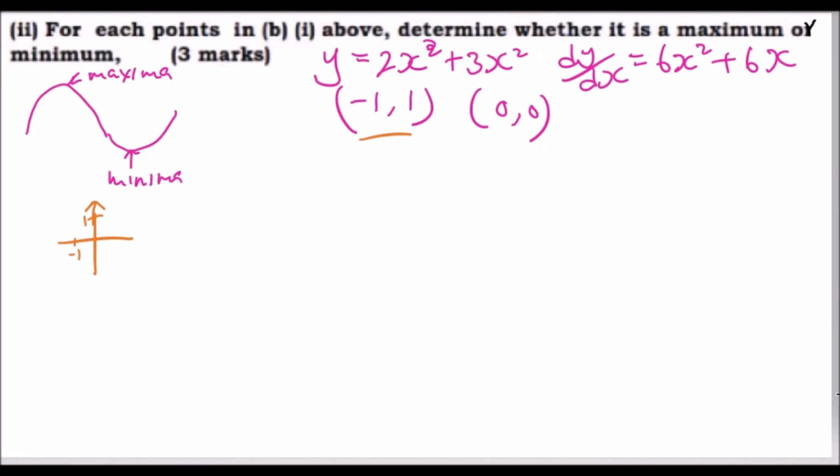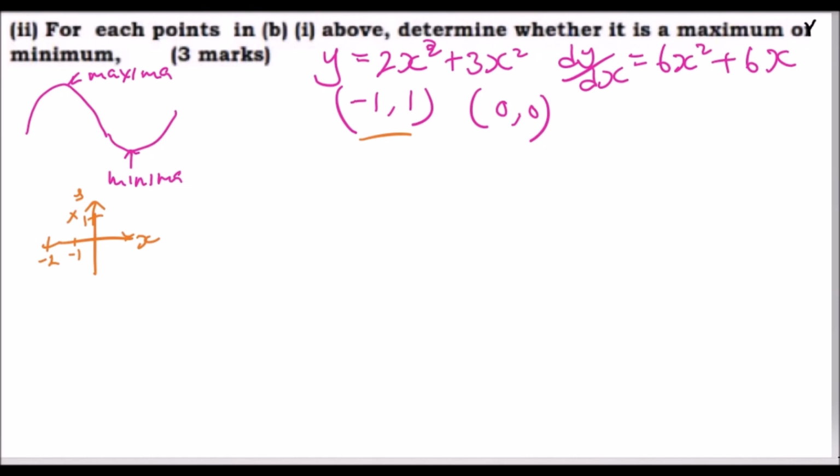So we find the gradient at one point. We can take, maybe this is our x, minus 2, and we look at the nature of the gradient, whether it is positive or negative. So we can take minus 2.